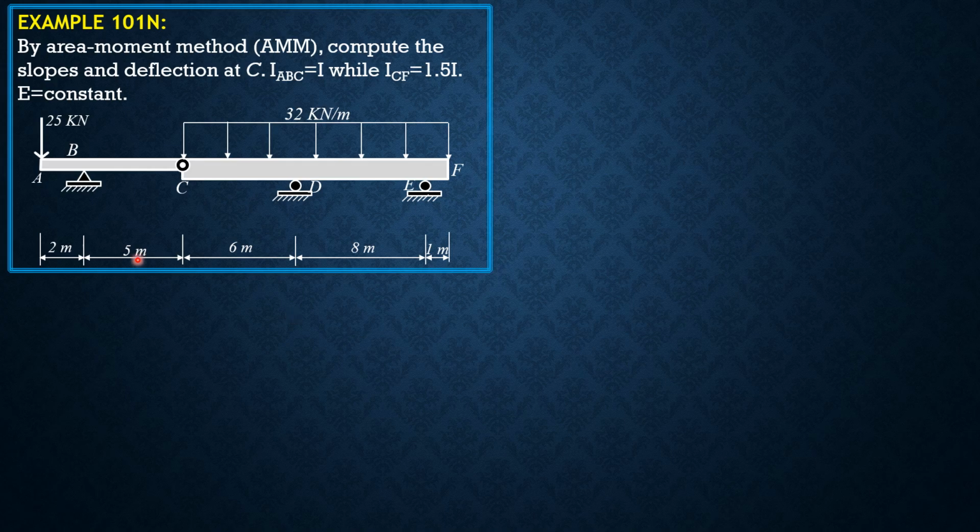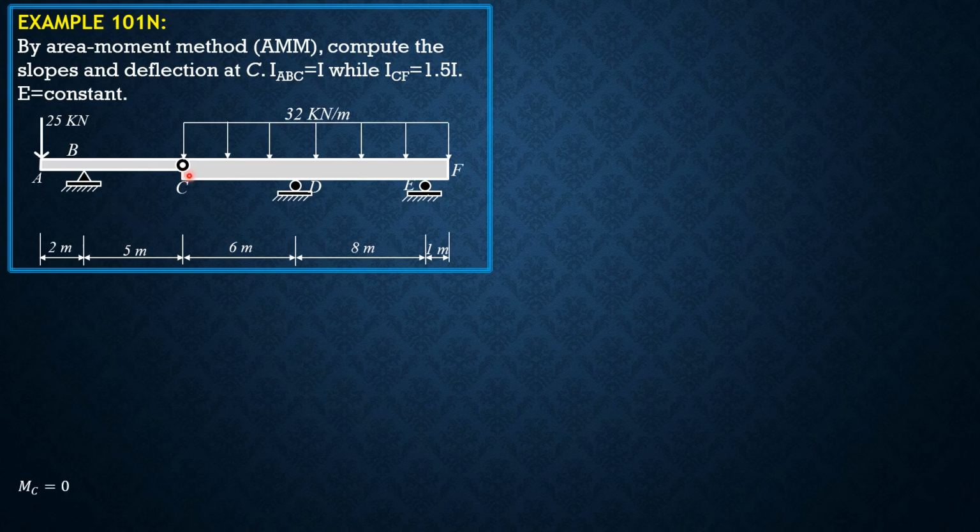So to start with, let's compute for reaction at B. This time, let's select C as our moment center so that you will have an example where I choose the hinge as the moment center. In our preceding problems, we selected two different points, not the hinge, but this time let's select C as the moment center.